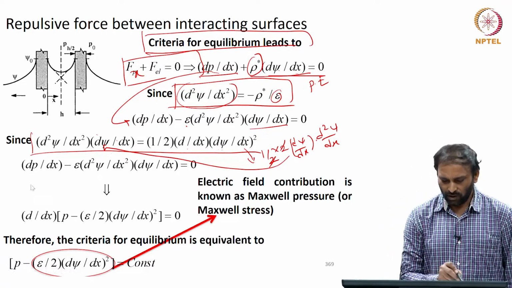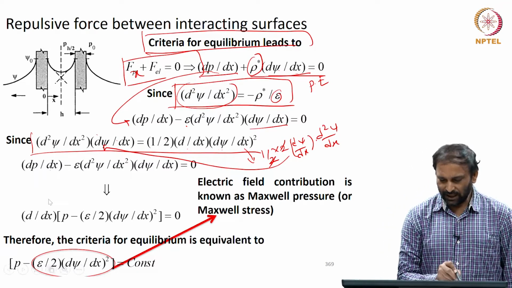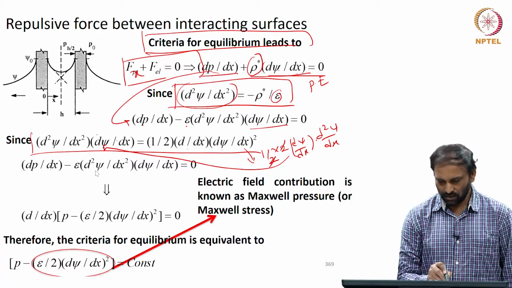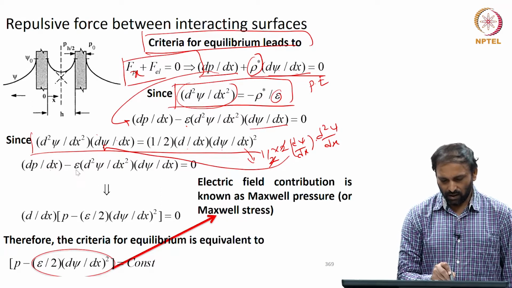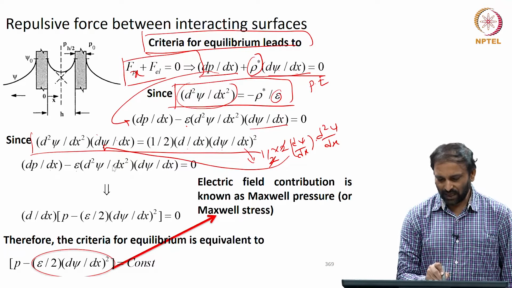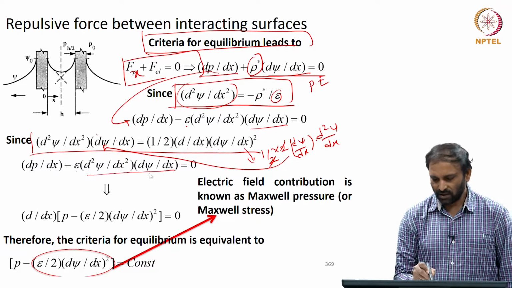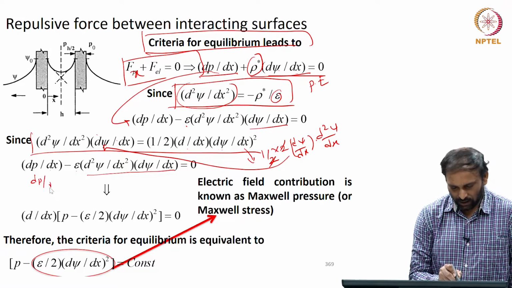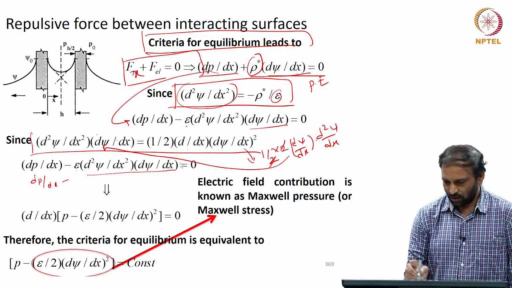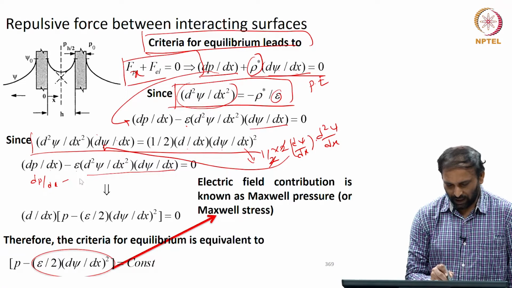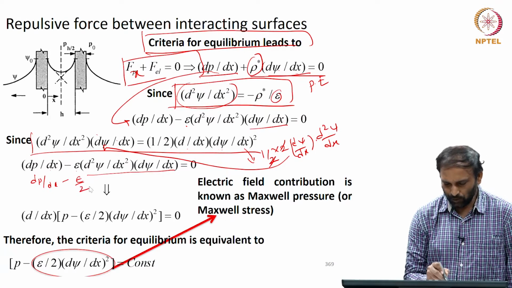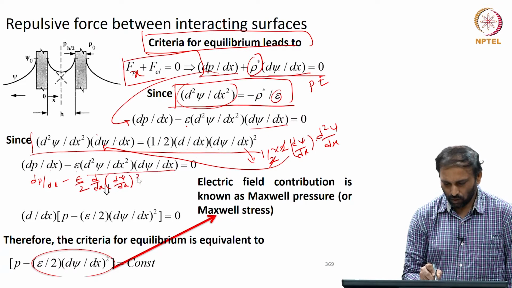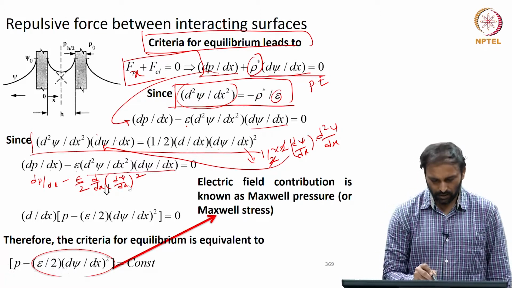This gets cancelled, so you essentially end up with the same term. So, therefore, dp by dx minus epsilon times d square psi by dx square times d psi by dx, I can write this as dp by dx minus epsilon divided by 2 times d by dx of d psi by dx whole square, right.